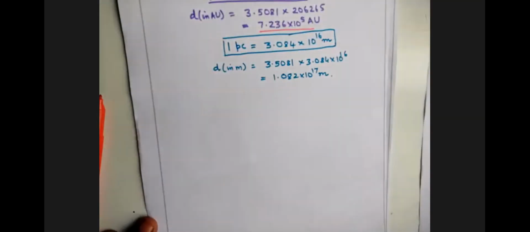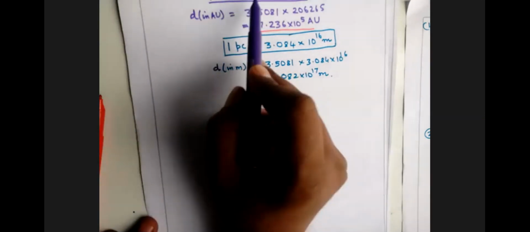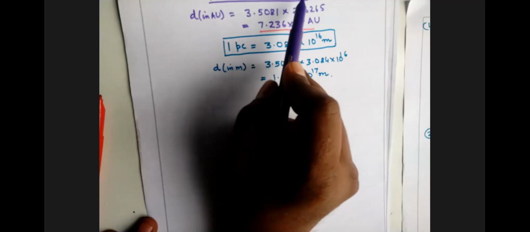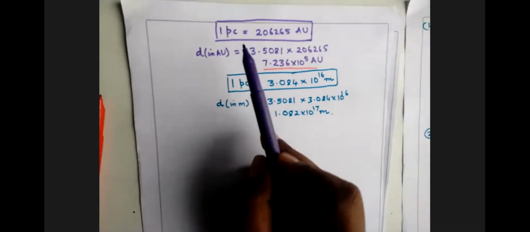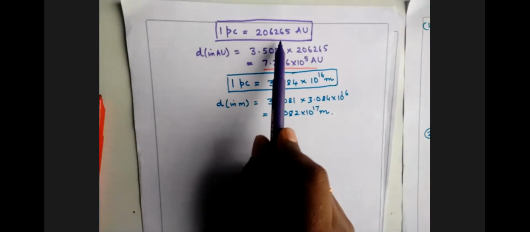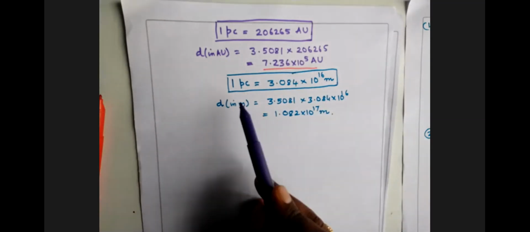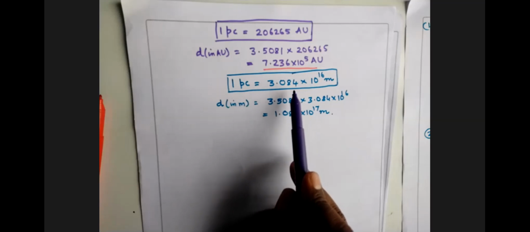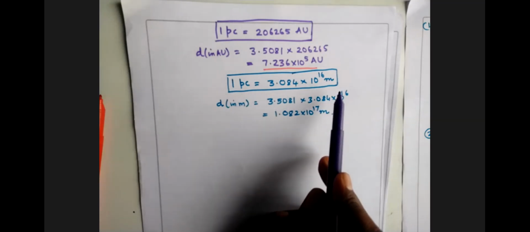The third conversion factor is 1 parsec is equal to 206265 astronomical units. And the fourth conversion factor is 1 parsec is equal to 3.084 into 10 to the power of 16 meters.